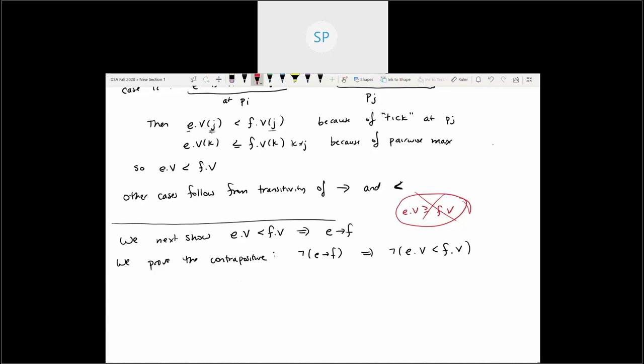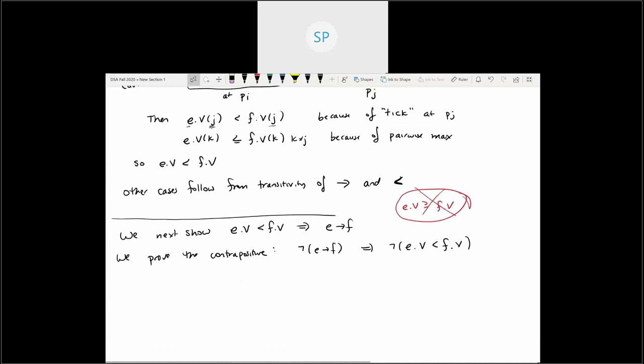Because if you remember, that less than relation, or happens before relation, those are partial orders. So it's not the case that if one is not less than, then it's automatically greater than or equal. That's not the case with our less than relation here, because we can have concurrent events, and in this case neither timestamp is less than the other.